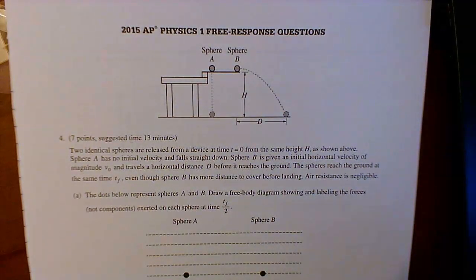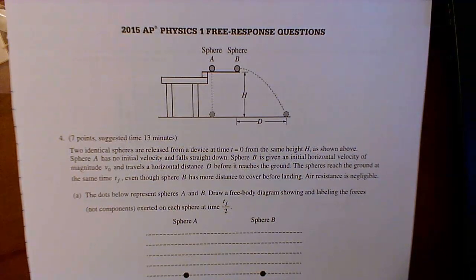All right, so it says two identical spheres are released from a device at time t equals 0 from the same height as shown above. Sphere A has no initial velocity and falls straight down. Sphere B is given an initial horizontal velocity of magnitude v0 and travels a horizontal distance d before it reaches the ground.